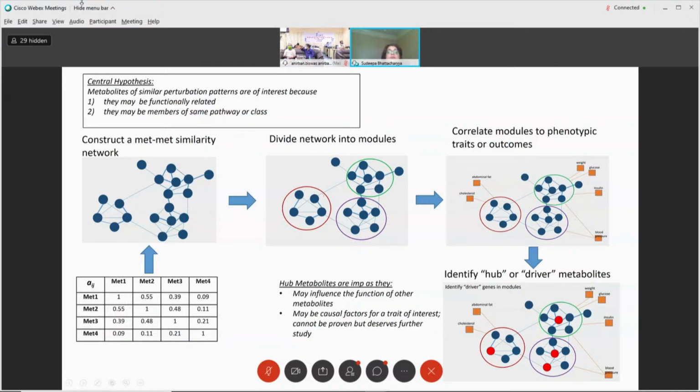And then we found closely related, strongly associated modules of the metabolites that were behaving similarly. And then we correlated these modules to the outcomes. One of the outcomes of interest for our state marker study was whether these modules correlate with the change in depression levels in the patients. And we also found the hub metabolites, or the metabolites that were strongly contributing to each of these modules.